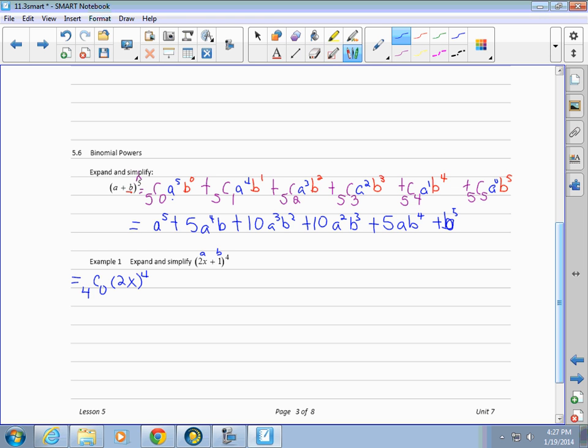If it helps you, write that b power, so times 1 to the 0, plus 4 choose 1, 2x cubed, 1 to the power of 1, plus 4 choose 2, 2x squared, 1 squared.